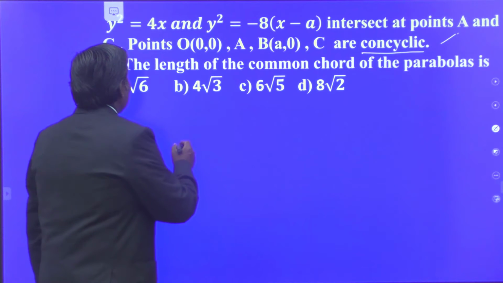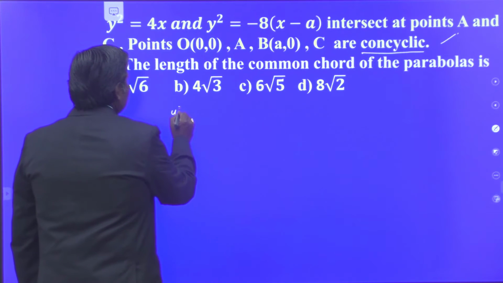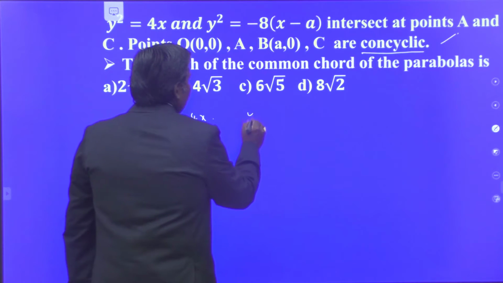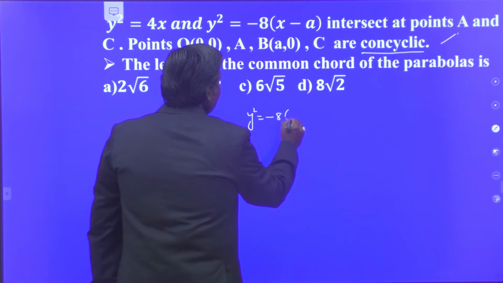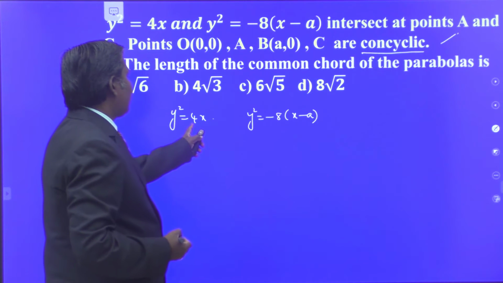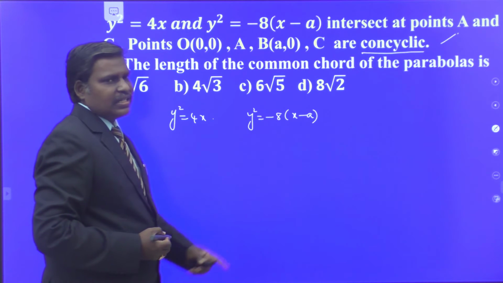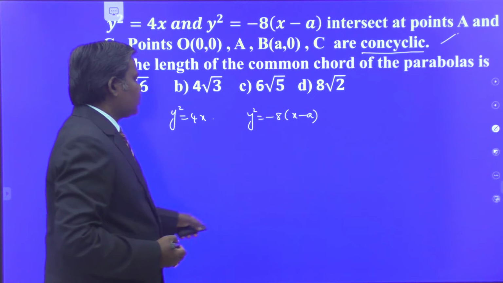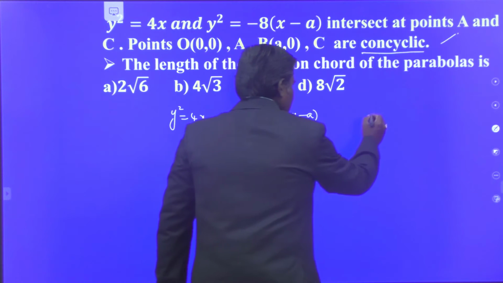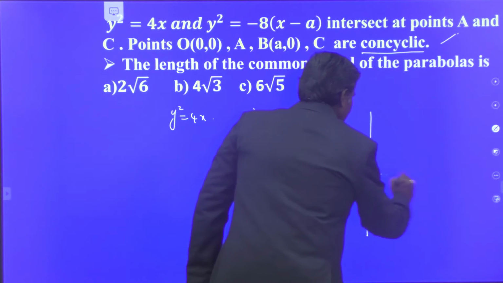Just observe both parabolas: y square is equal to 4x is the first parabola, and y square is equal to minus 8 times of (x minus a) is the other parabola. Its length of latus rectum is 4, and the other's is 8, but it is reversed because you have minus here.